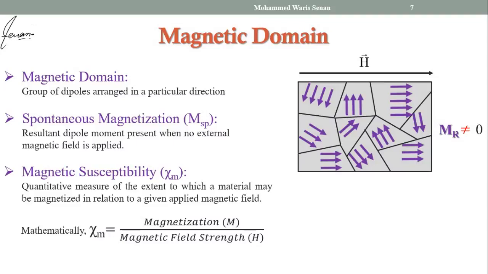If you think about the susceptibility of paramagnetic, diamagnetic and ferromagnetic material, you will find that the magnetic susceptibility of paramagnetic material is small and positive, and for diamagnetic material it is also small but negative, because the magnetization is in the opposite direction. And in ferromagnetic material, the magnetic susceptibility is large and positive.